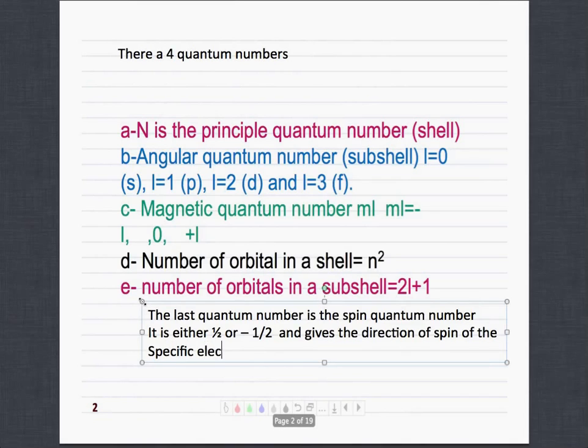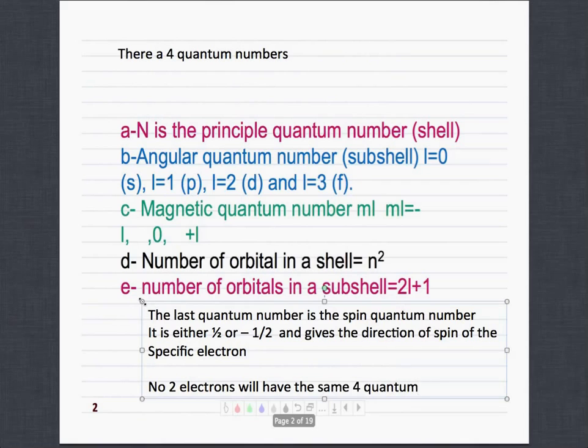Because even if they are in the same orbital, let's say this one, n equals 3, it is ns, and both of them have ml equal to 0, they must have different ms, because the 2 electrons in the same orbital are going to be spinning in opposite ways. There will be no 2 electrons that have exactly the same 4 quantum numbers. One of those quantum numbers can be different, but not all 4 exactly the same.